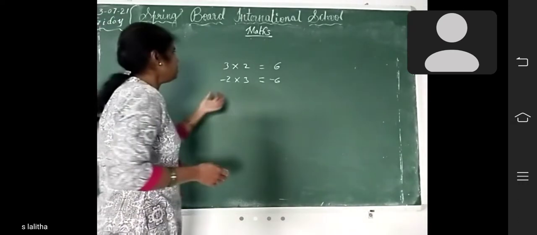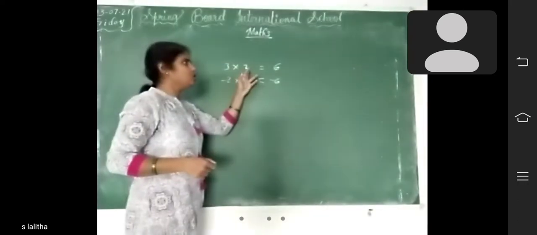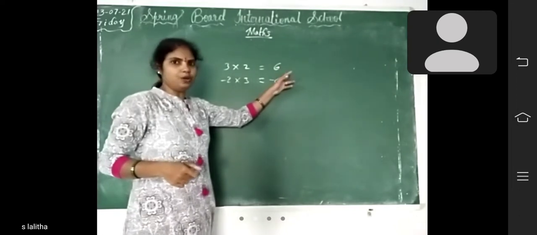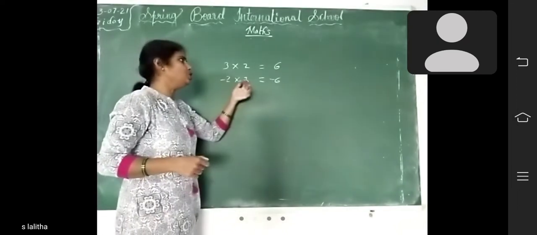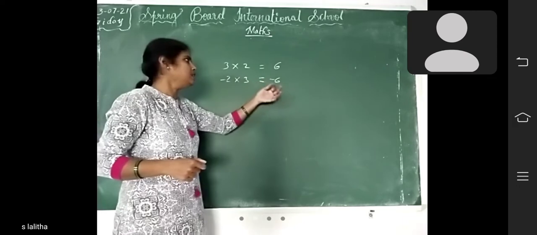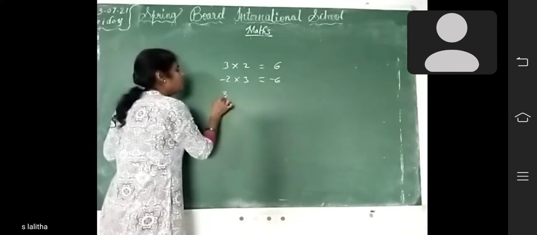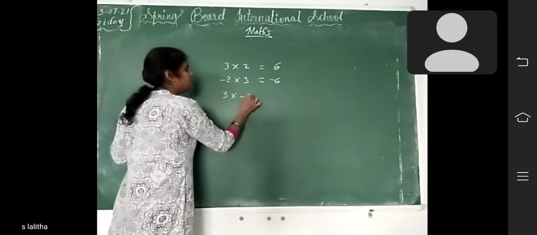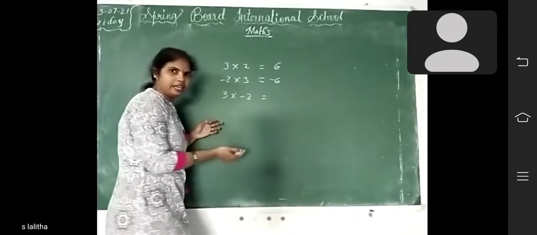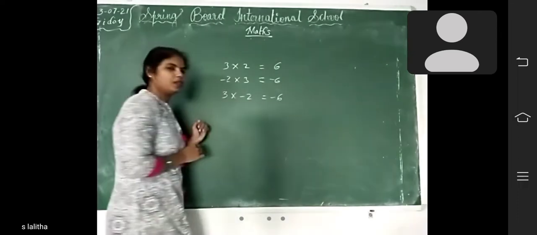So the product of two positive integers is positive. The product of one negative and one positive is a negative answer. Next, the product of one positive and one negative is again negative only. Okay.